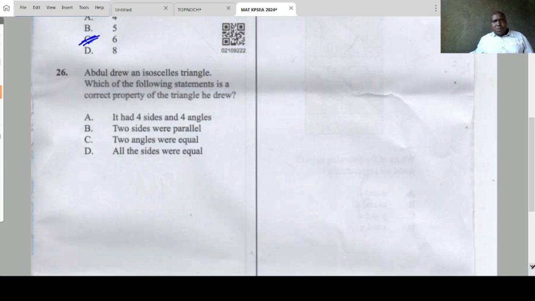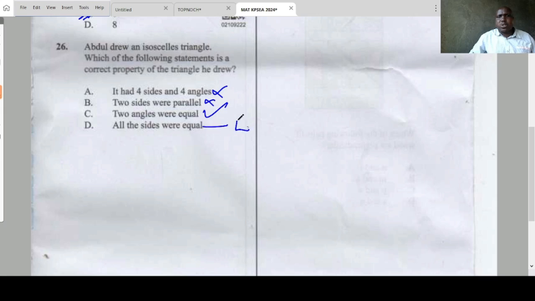Abdul drew an isosceles triangle. Which of the following statements is a correct property for the isosceles triangle? It has 4 sides and 4 angles? No. 2 sides are parallel? No. 2 angles are equal? Yes. All sides are equal?